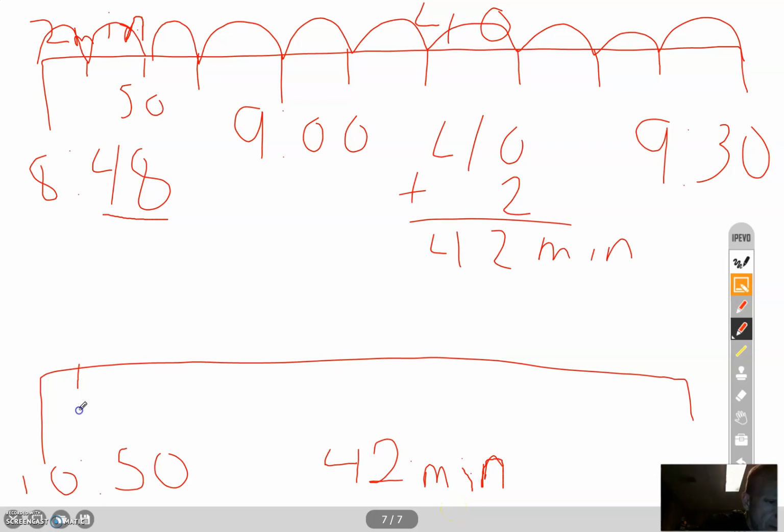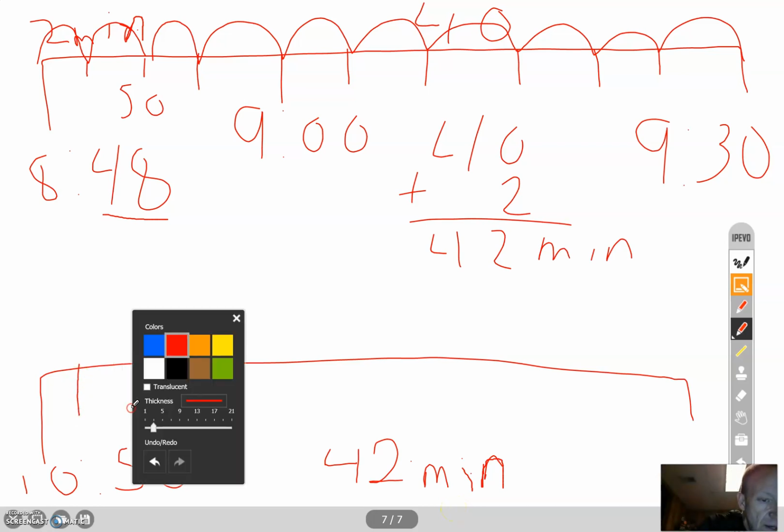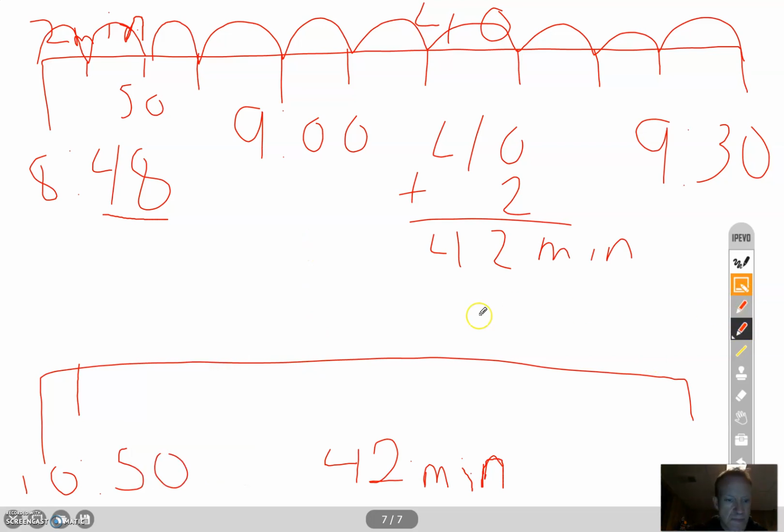So I'm going to count by 5, 10, 15, 20, 25, 30, 35, 40, and then 41. And then I'm going to come over here and make this line a little bit smaller. So I know these last two lines are actually counting by 1.